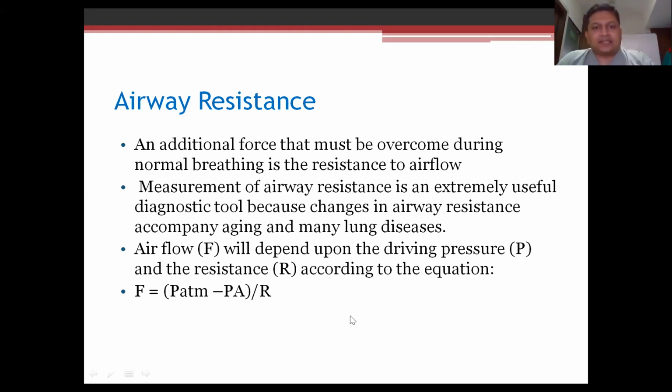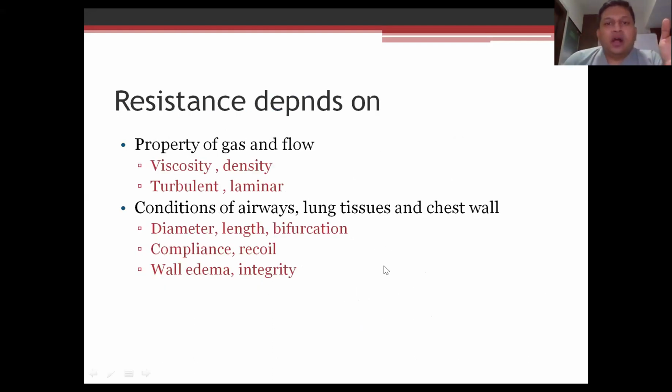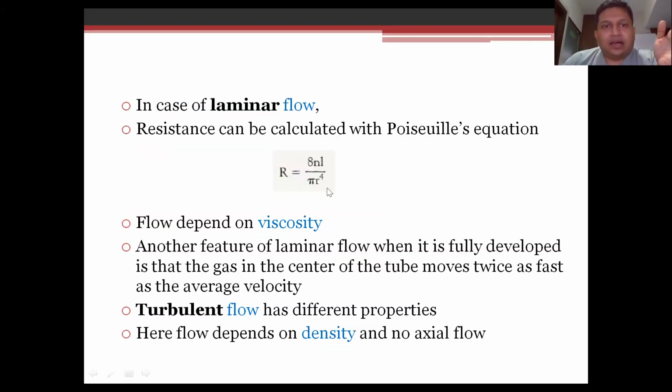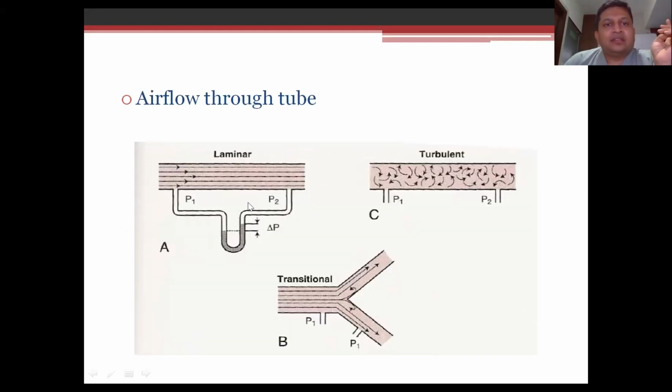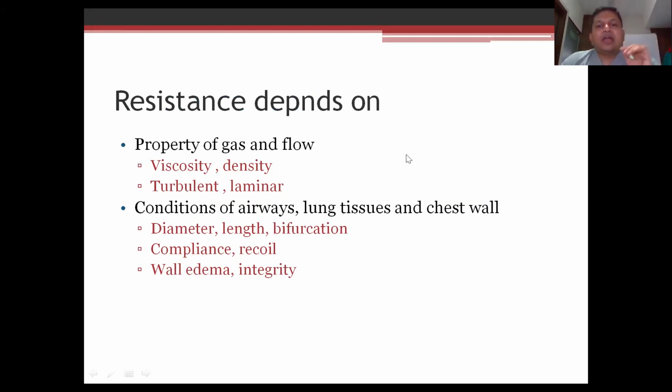According to the resistance equation, R is equal to 8 nu L upon pi r square, the resistance will depend on 8 nu L. Nu is the viscosity, L is the length of your airway, and it also depends on the type of flow, turbulent or laminar, the compliance of the lung, and the wall edema of the airway.